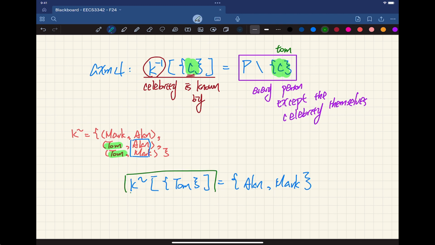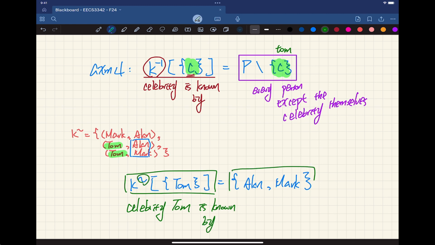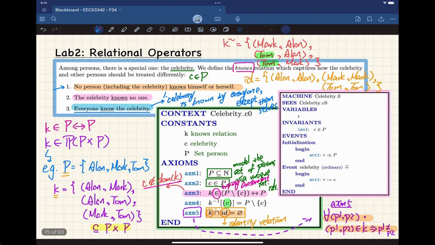This one is to say celebrity Tom is known by, right, the inverse, everybody except Tom. And when I say everyone, because we assume the P here is simply Alan, Mark, and Tom, right?